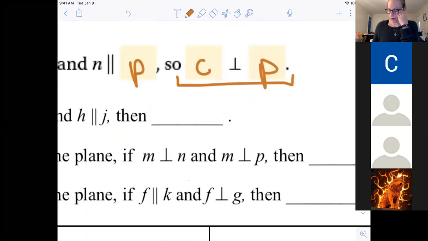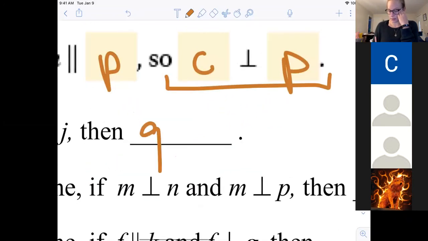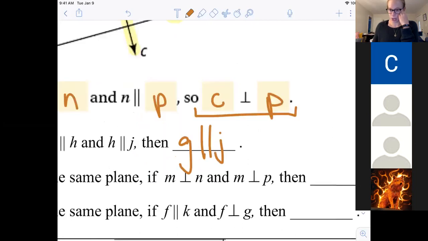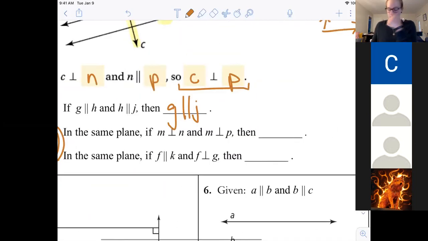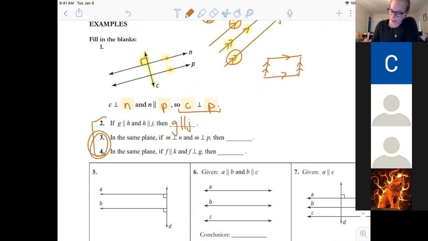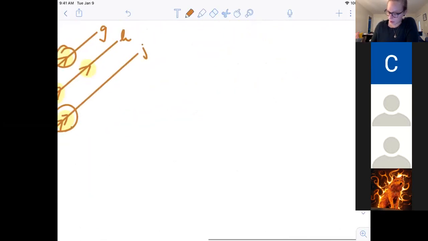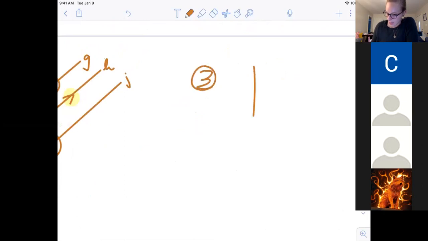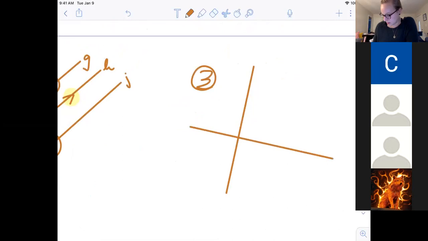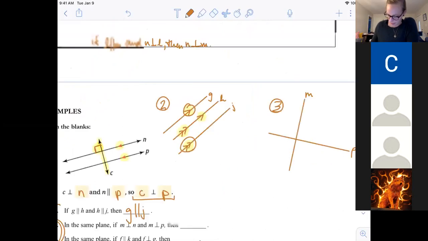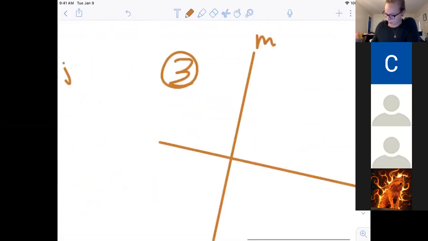What I was looking for in this first one, and I think somebody answered me, is G is parallel to J. The next one says, in the same plane, if M is perpendicular to N and M is perpendicular to P, then what do we know? Again, let's draw it out. M is perpendicular to P, and M and N are also perpendicular.